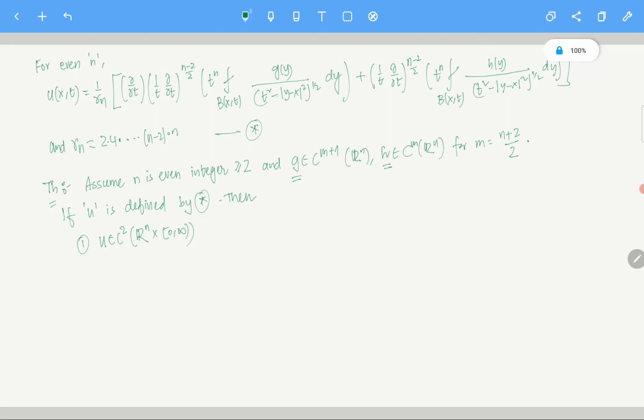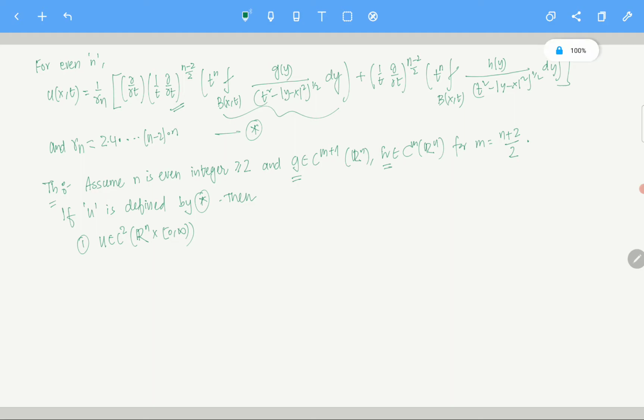You see why: the formula gives, if g is in C^(m+1), the integral of g as a function of t will be C^(m+2), and after that you have to accommodate the derivatives, one derivative here and this (n-2)/2 times this derivative here, and once you do that you can see that u is in C2. This is not a very difficult thing to do, so please do that part.